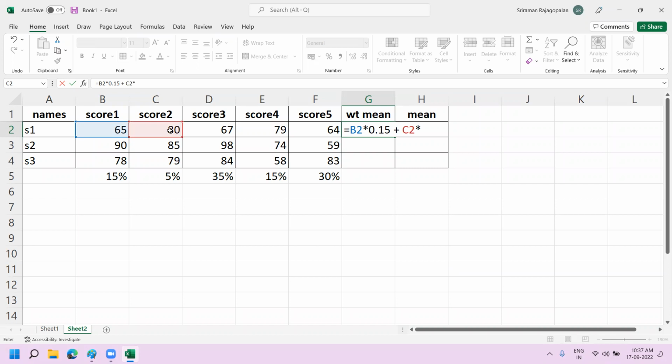So 5% is 0.05, plus the third score, which is 67, multiplied by 35%, so 0.35, plus the next one, 79, multiplied by 15%, which is 0.15. The last one is 64, multiplied by 0.3.